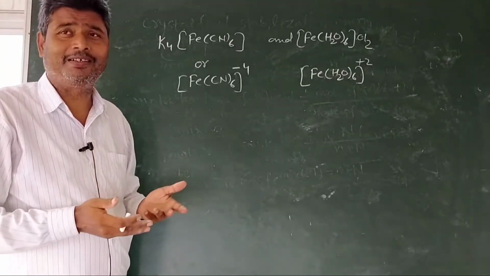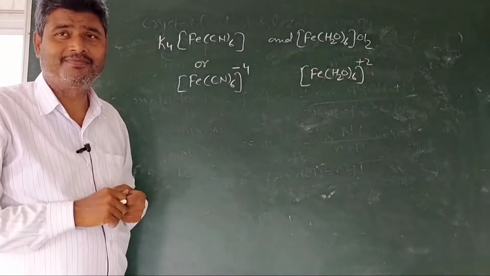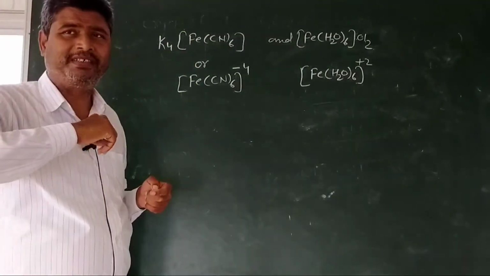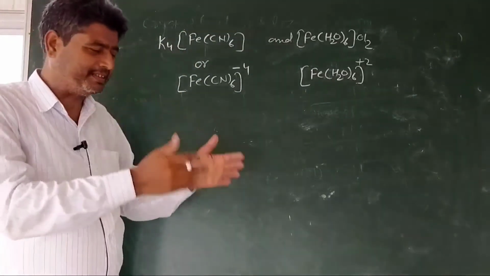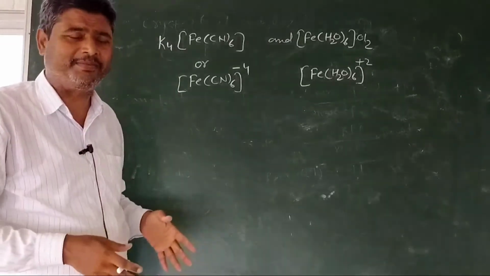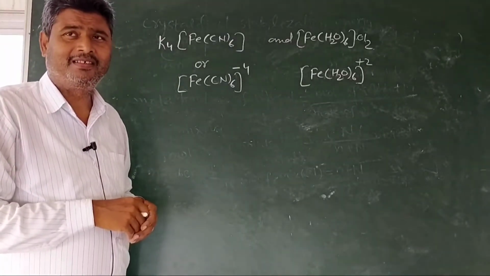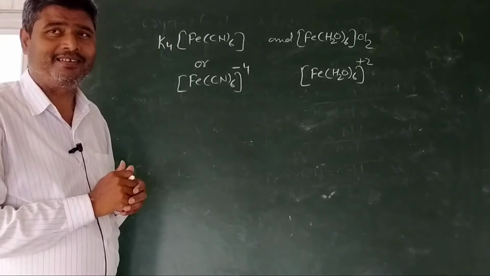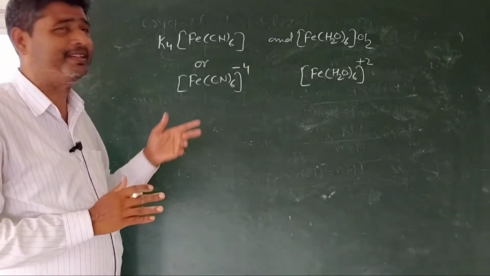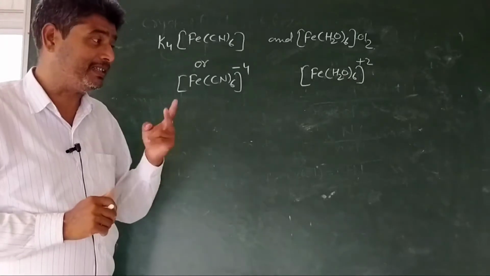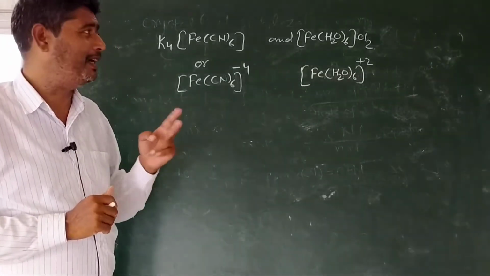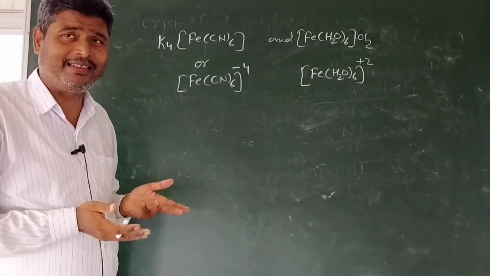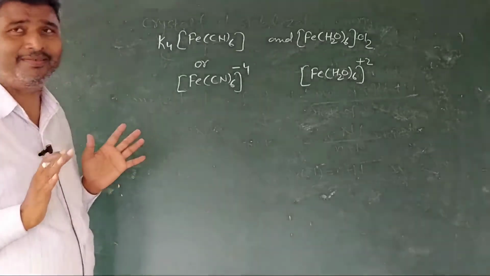By means of that we will decide whether the given system is a d6 type, d8 type, d10 system, or d5 system. The system is attached to the number of electrons present in the d orbital. So for these two, we have to find the oxidation state and the coordination number.